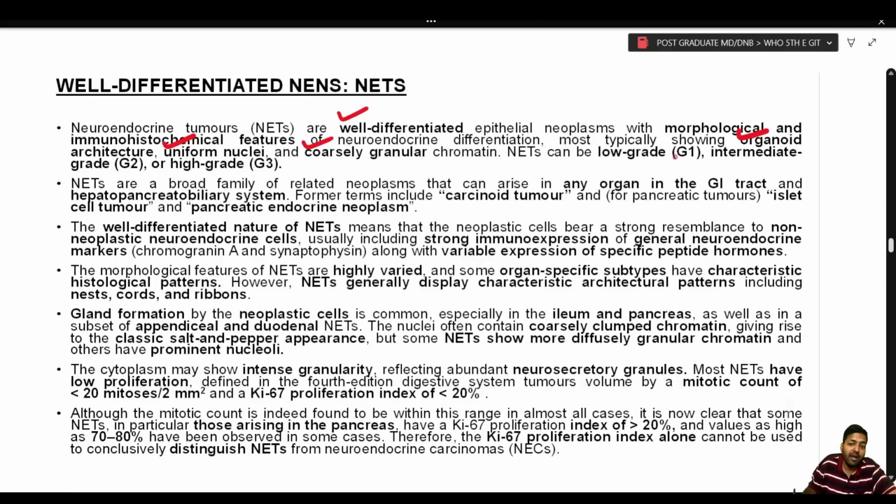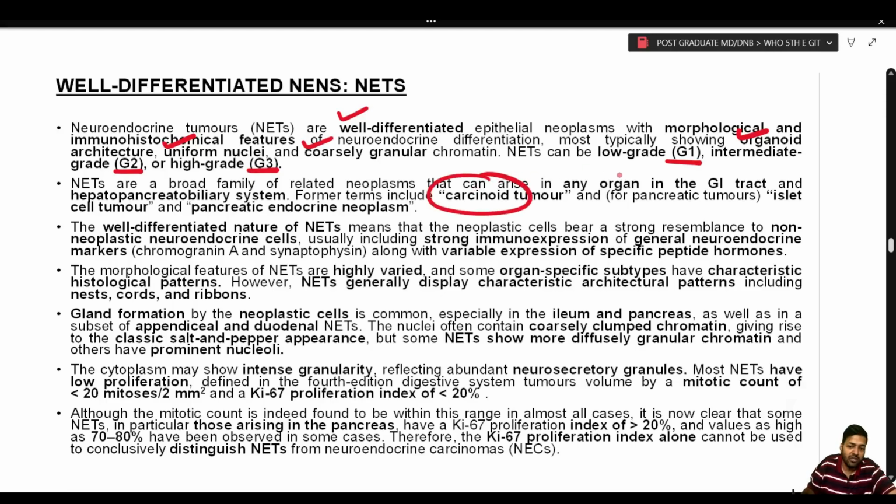They can be subdivided into grade G1, that is low grade, G2 intermediate grade, and G3 which is high grade. NETs are a broad family of related neoplasms that can arise in any organ in the gastrointestinal tract and the hepatopancreatobiliary system. The former terms include carcinoid tumor.